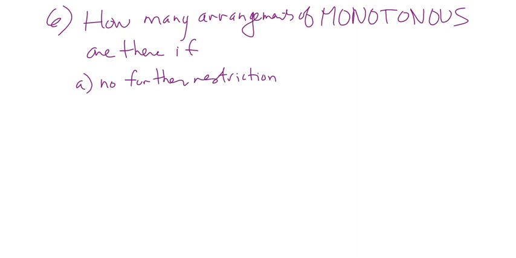Okay, so how do we do that? Ten factorial, because there are 10 letters, right? But there are 4 O's.